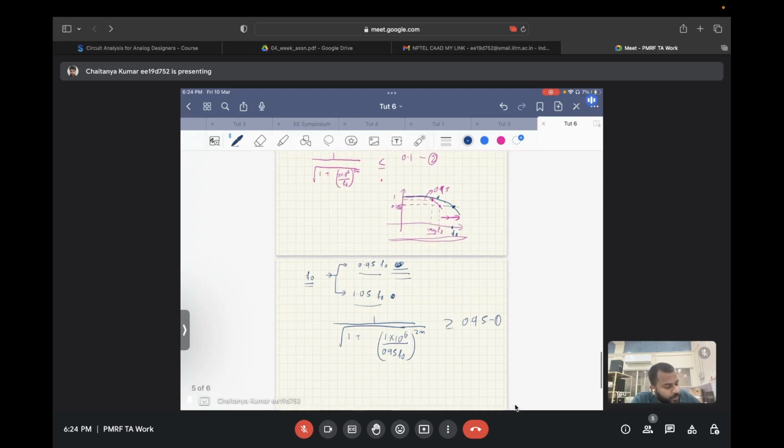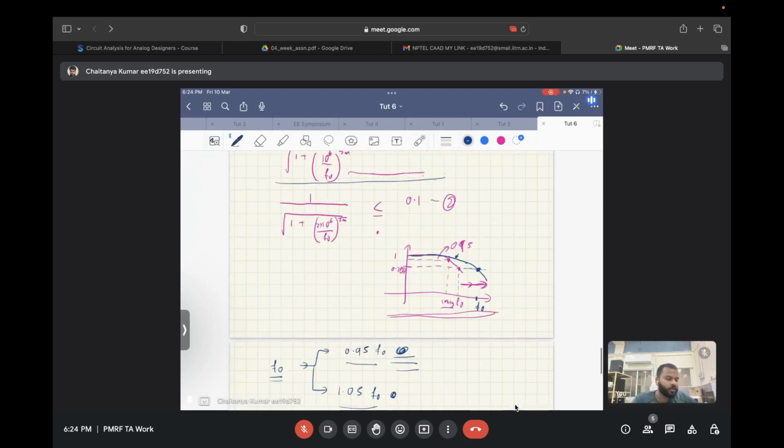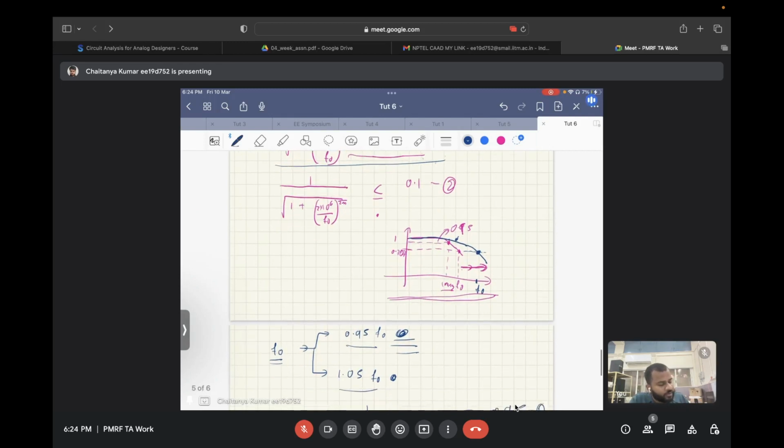Now let's come to the second inequation. In this second inequation, can you tell which is the worst thing, 1.05 F naught or 0.95 F naught? Based on the discussion so far, can you extrapolate this fact? 1.05 F naught, sir.